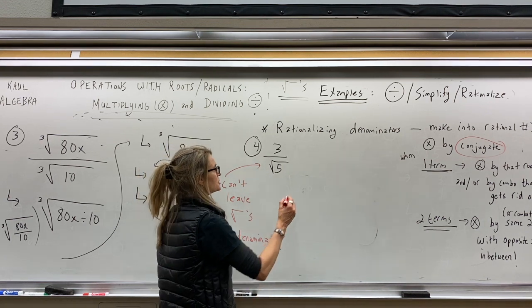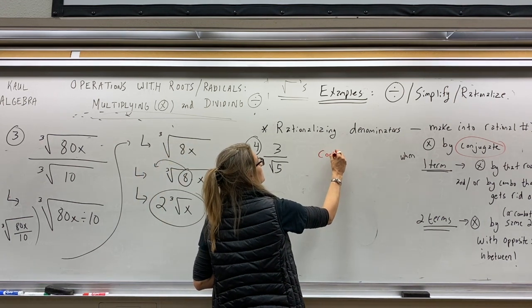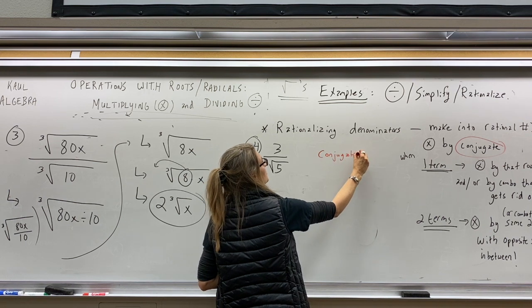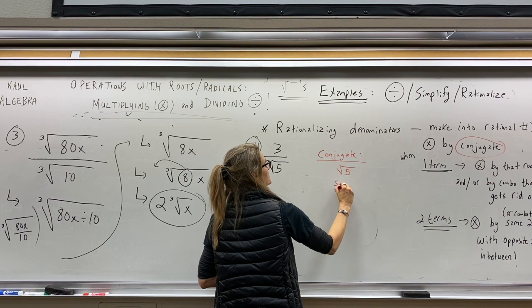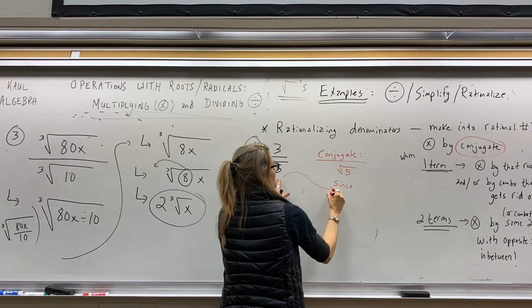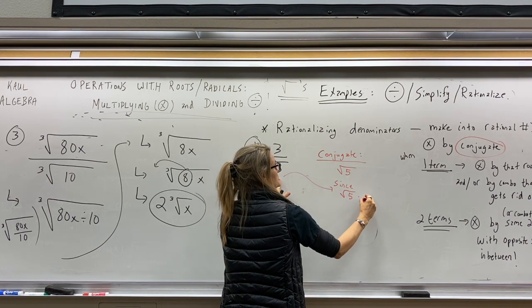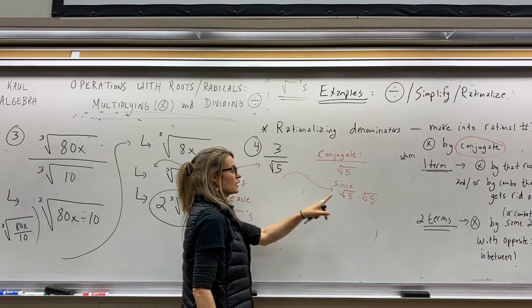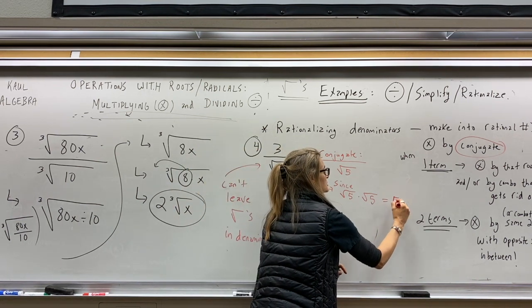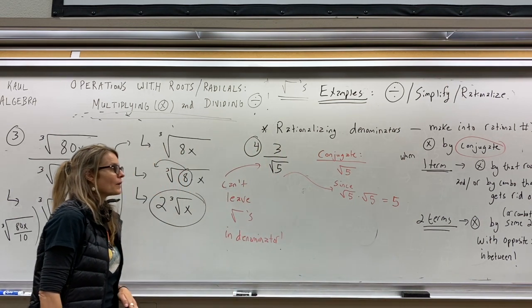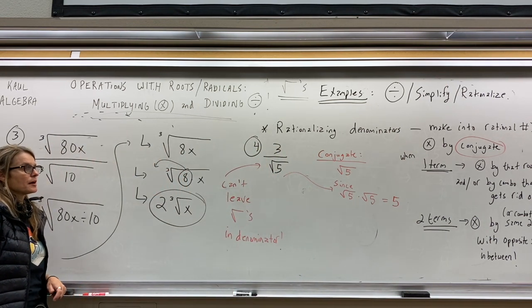So to do my conjugate here, it's a one-term example. It's the square root of 5, since the square root of 5 times the square root of 5 would allow me to get rid of the root and rationalize it to produce a rational number in the denominator.